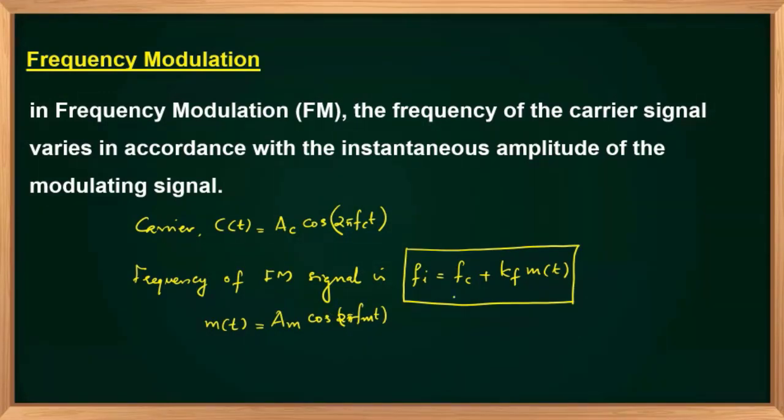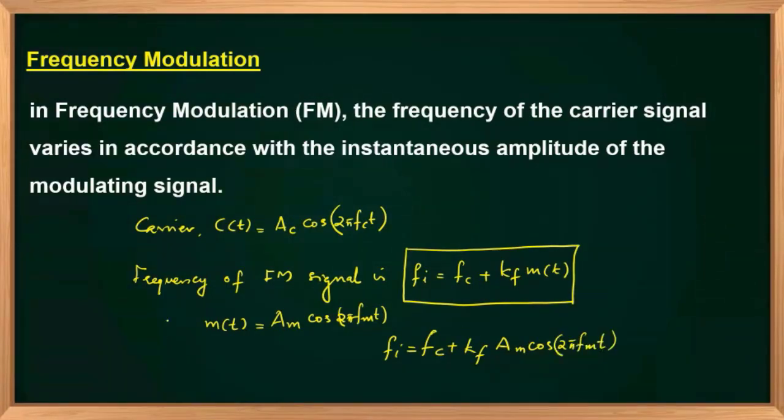Then fi, the instantaneous frequency of the FM modulated signal, equals fc plus kf into Am into cos 2 pi fm t. fm is the frequency of the modulating signal.